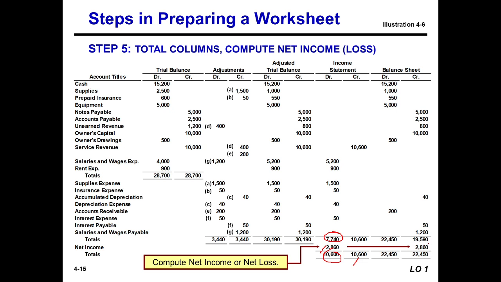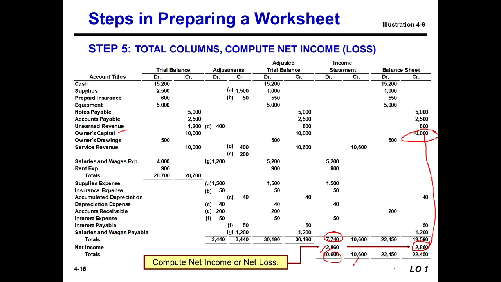That means we know net income is always added with the capital. This is the owner's capital 10,000, addition figure with the owner's capital. So we must show this figure on our balance sheet side.